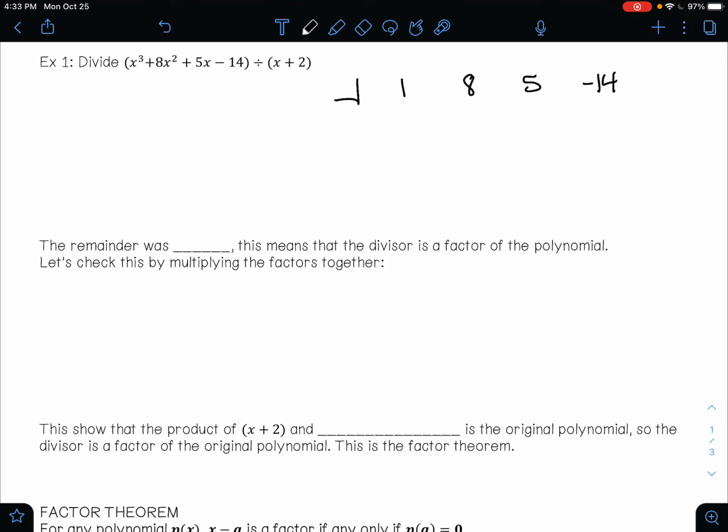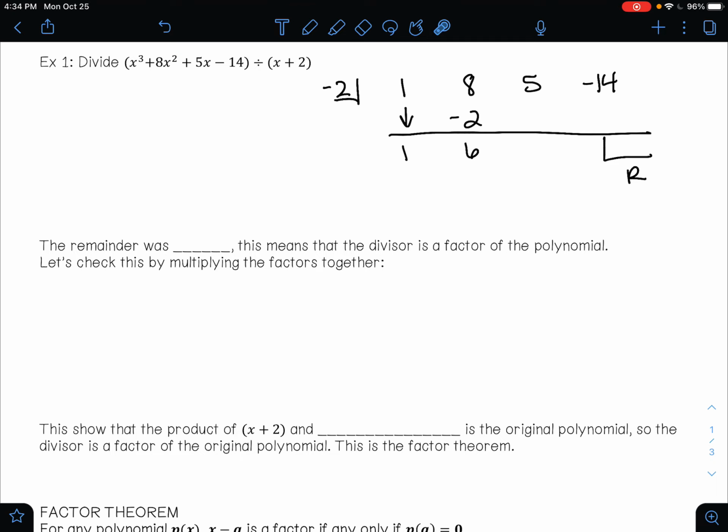In this top left box, -2 is going to go there, because if I were to solve this for x, I would have to subtract 2. I always want to bring down that first coefficient, and whatever is last is my remainder. Negative 2 times 1 is negative 2. 8 plus negative 2 is 6.